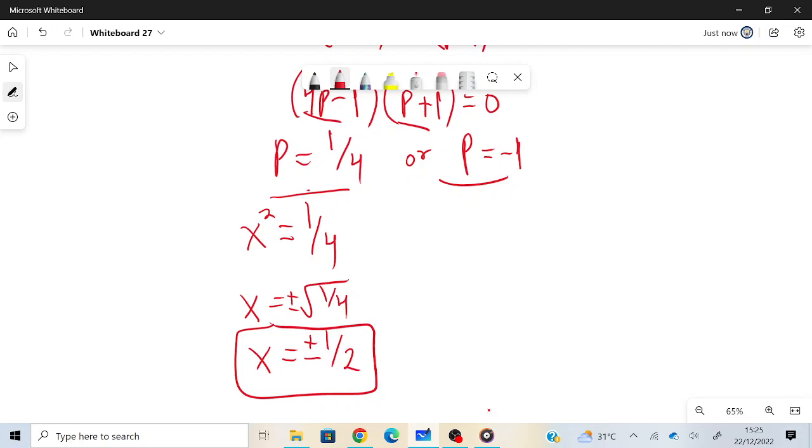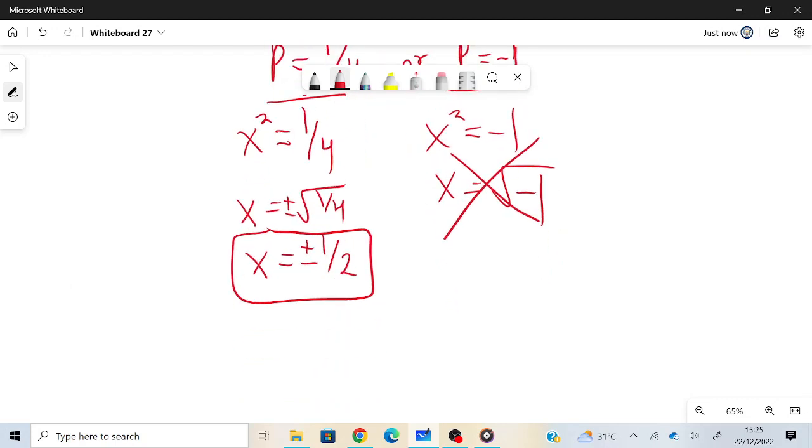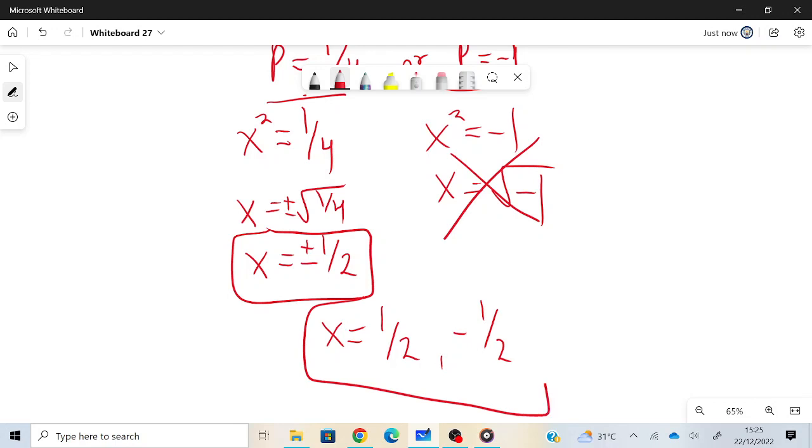And for the other one, we have x squared equals minus 1, so x is the root of minus 1. However, we know that if you take the square root of a negative, you will not get a real value. So this cannot be done, and the only answers that we have are x equals 1 over 2 and minus 1 over 2.